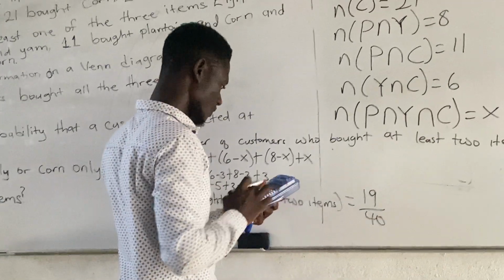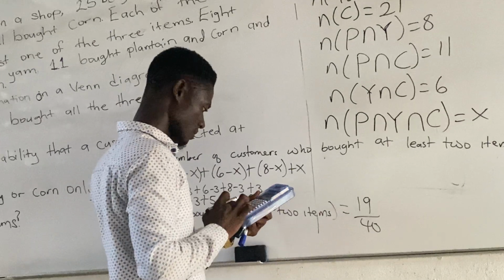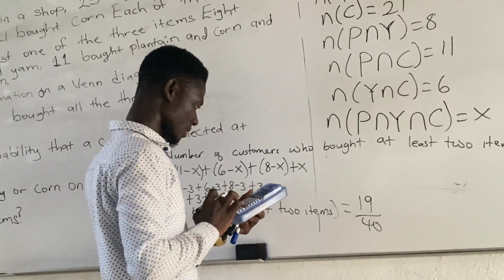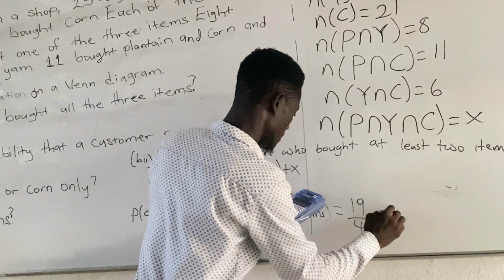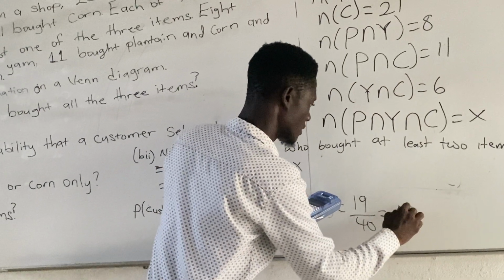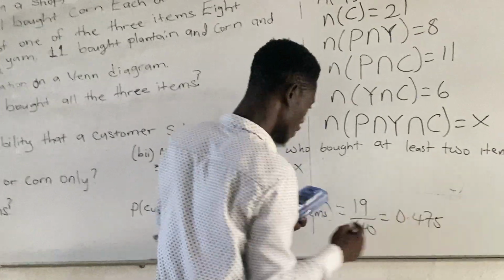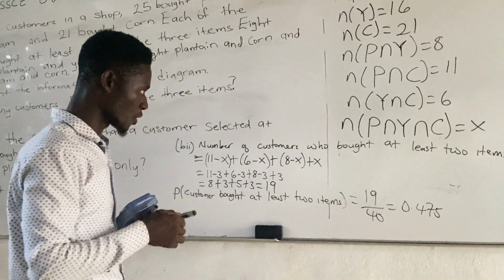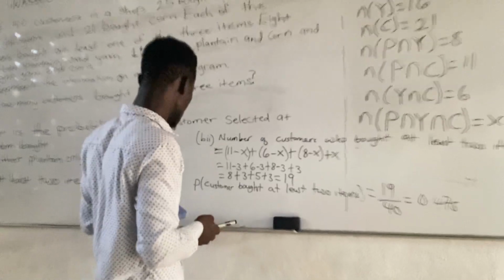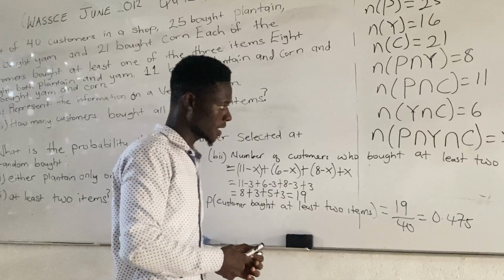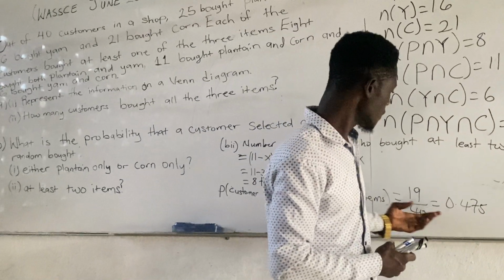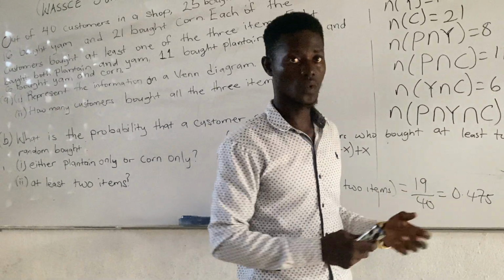So you could reduce it, 19 divided by 40, but it cannot be broken down now. This can be 0.475. Make sure that if the fraction can be reduced to the simplest form, you reduce it before you get a decimal value. We are interested in knowing how well you can reduce the fraction to the lowest term.